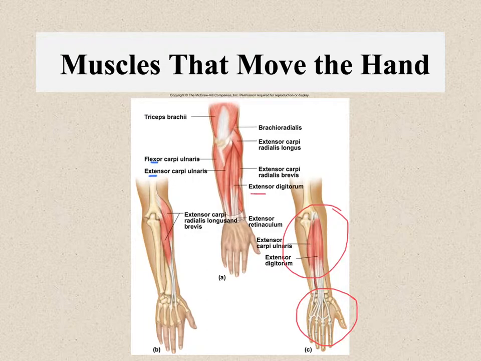We talked about the extensor digitorum, and you've got a flexor carpi ulnaris, tells you a little bit what bones are being caused to flex and where the muscle is originating from. So I just wanted you to see that there are many, many small muscles going down into these long tendons that will reach down into your fingers and enable you to move your fingers.